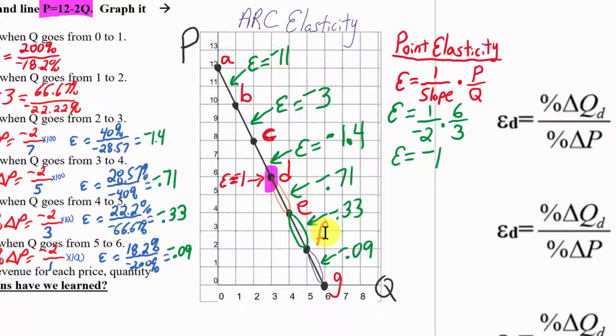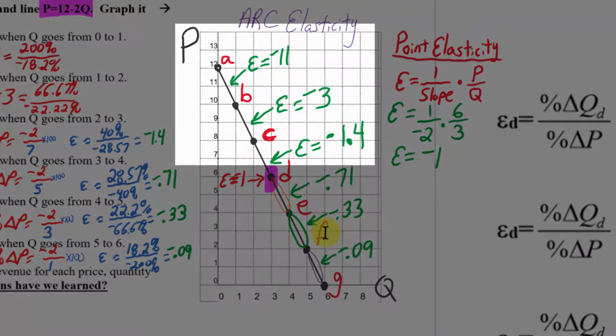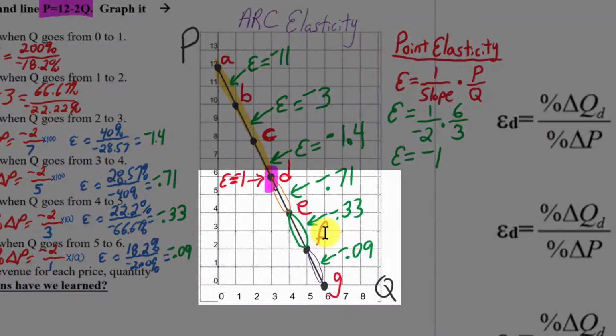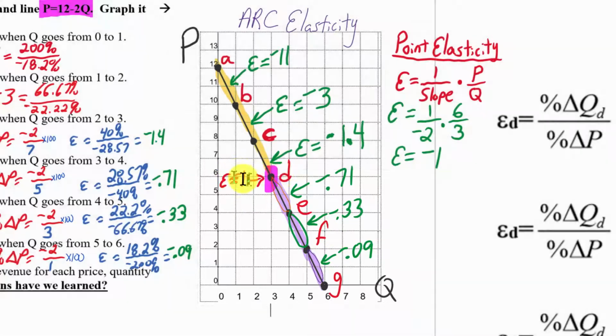It turns out for any demand curve that is a straight line, we see a pattern that above that midpoint, so up here on the top, the elasticity is always going to be elastic. The absolute value will always be greater than 1 on the top half. The elasticity will always be less than 1 on the bottom half. And the elasticity will always be exactly equal to 1 right in the middle.